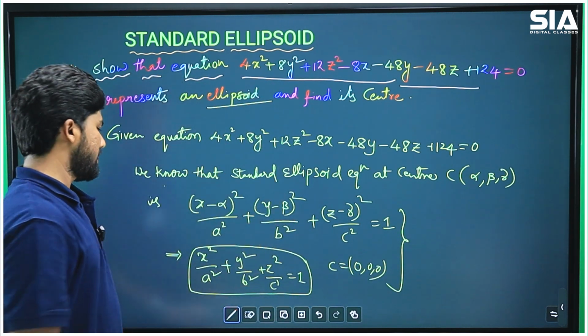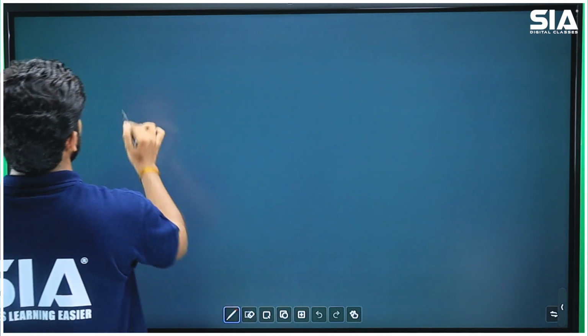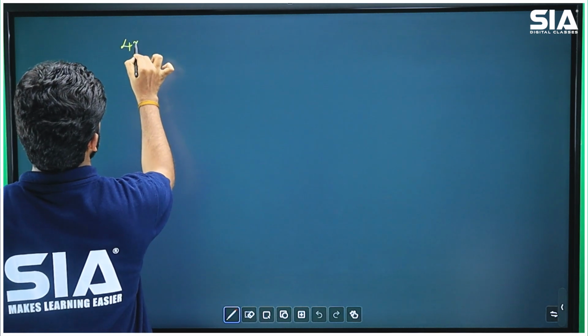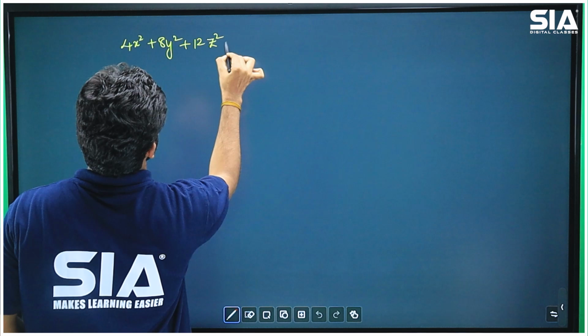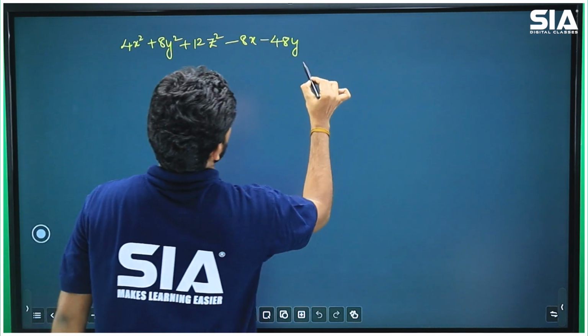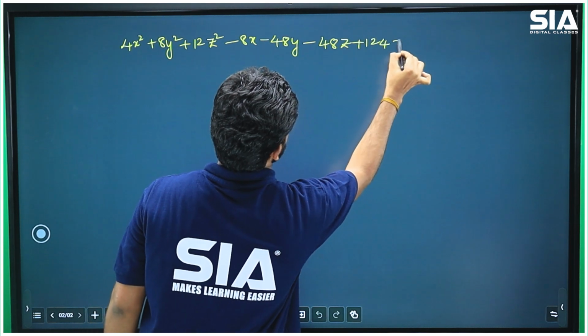Okay, so observe carefully. I am writing the given equation: 4x square plus 8y square plus 12z square minus 8x minus 48y minus 48z plus 124 is equal to 0.